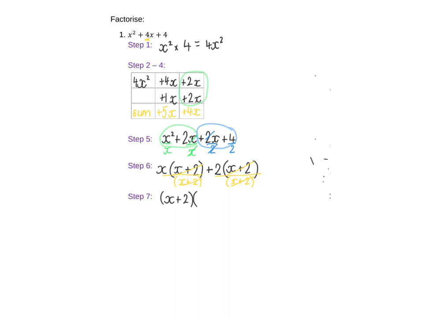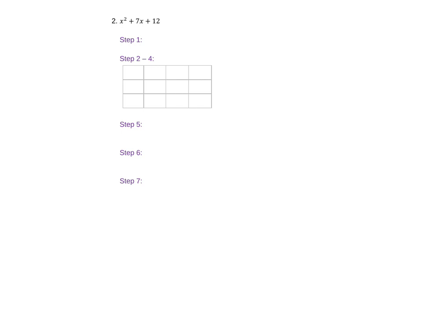Then in the first term I will have x remaining, and in the second term I will have positive 2 remaining, so x plus 2, which happens to be exactly the same value. So x plus 2 times x plus 2 is your answer. And remember, this can also be expressed as x plus 2 all squared. Right, now we have another example.